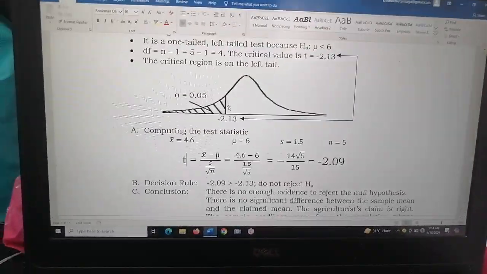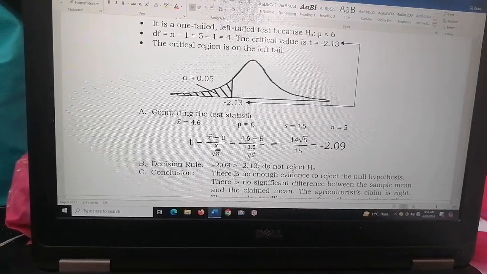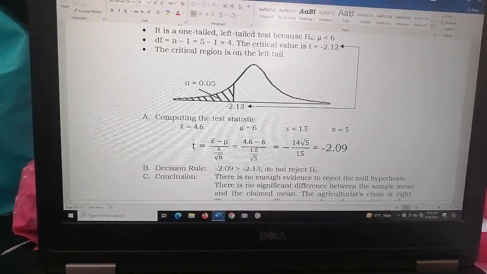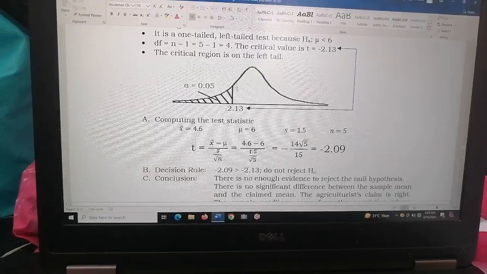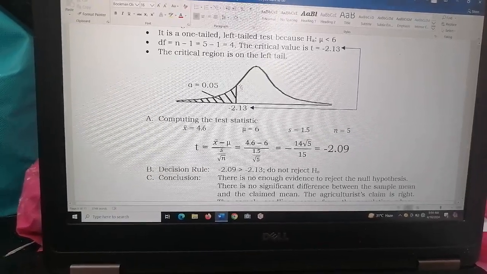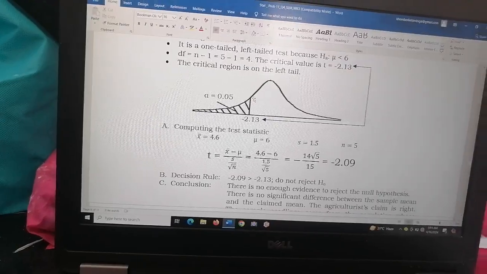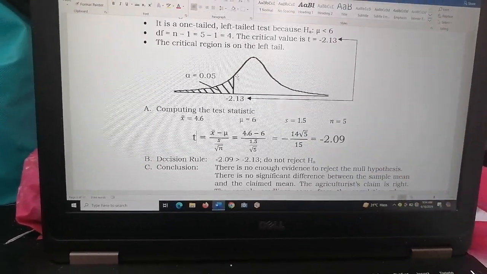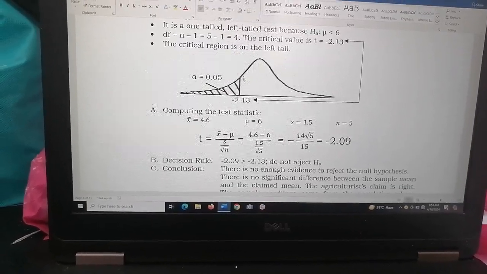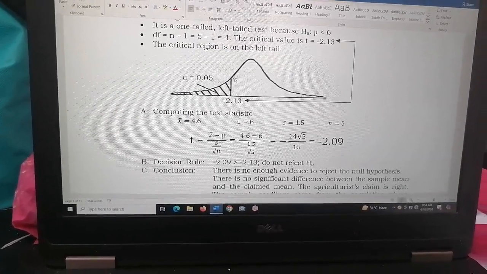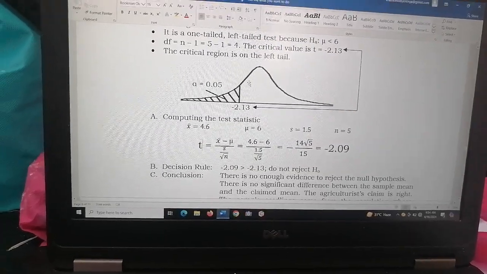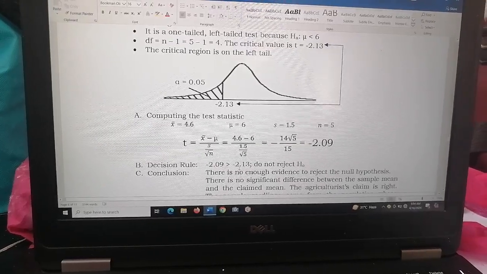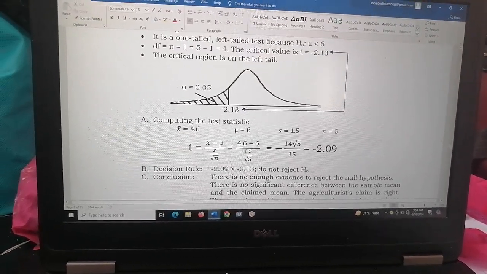Our critical value is negative 2.13. So negative 2.09 is greater than negative 2.13, so it falls somewhere here. Since it does not fall in the shaded portion, the decision rule: negative 2.09 is greater than negative 2.13, so do not reject the null hypothesis.